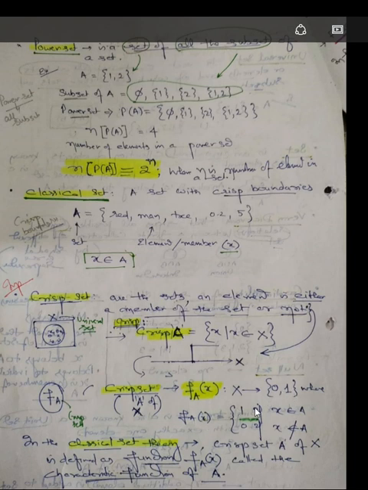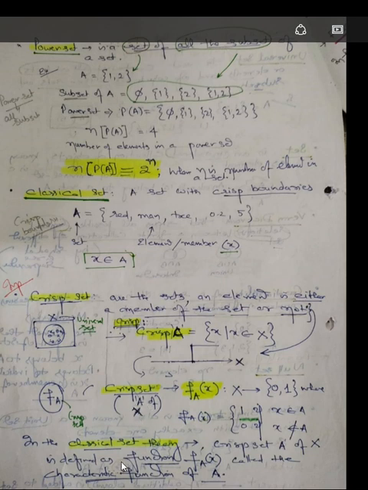So fA of x is equal to 1 if x belongs to A. That means if this is A, x belongs to A, and if anything is outside this A, then x does not belong to A. That is what we mean to say. 1 means x belongs to A. Capital A and capital X are the same, as we termed as a universe of discourse or a given crisp set.